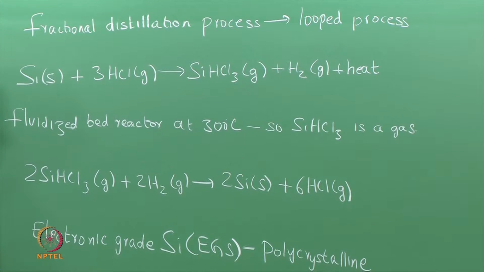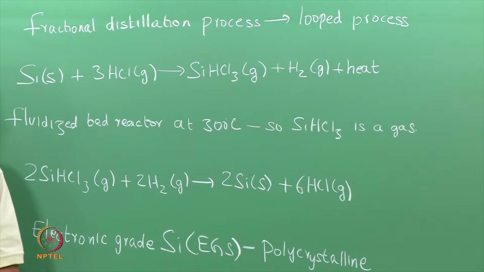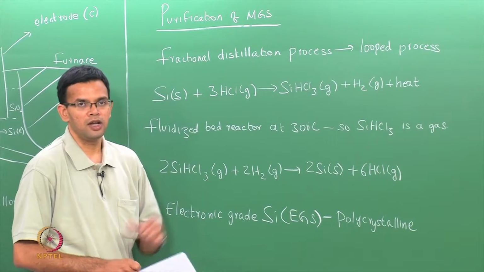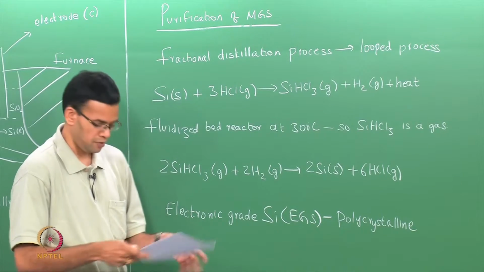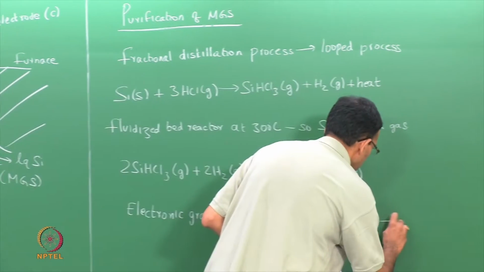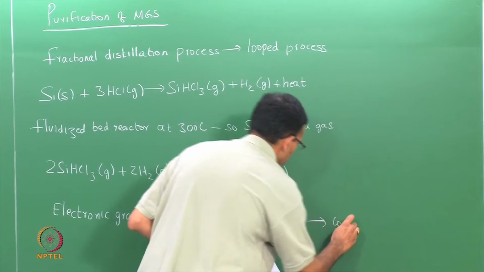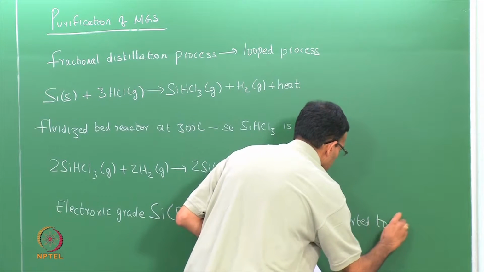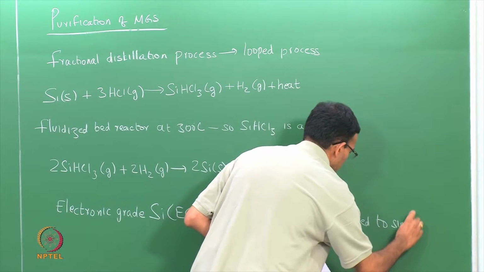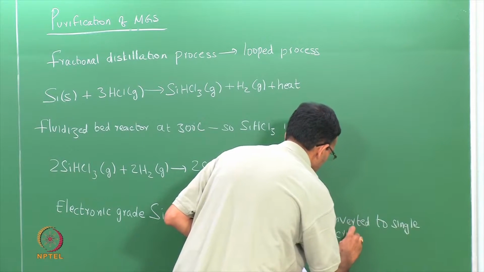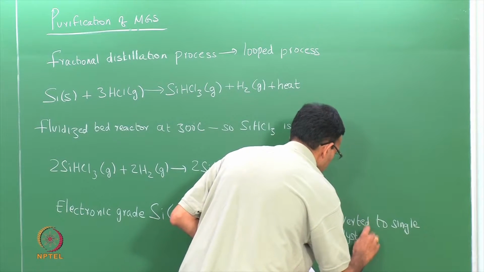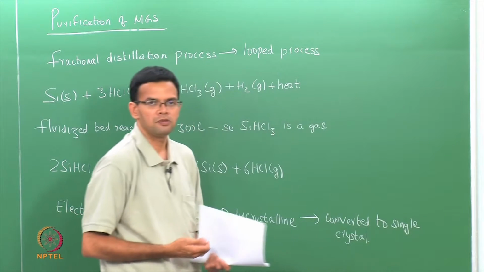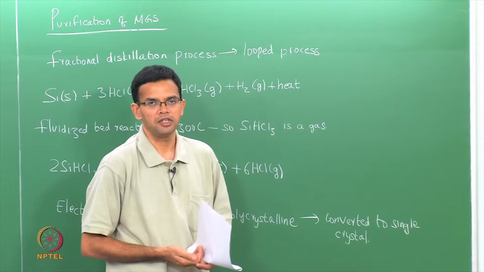So, the next step is to convert this polycrystalline EGS into an ingot of a single crystal wafer. So, this has to be converted and we also want the single crystal of the right orientation.